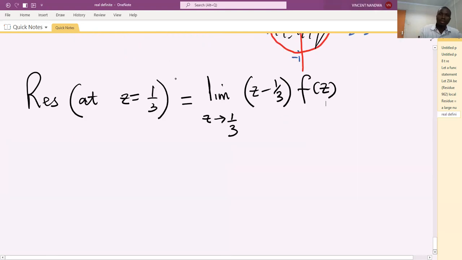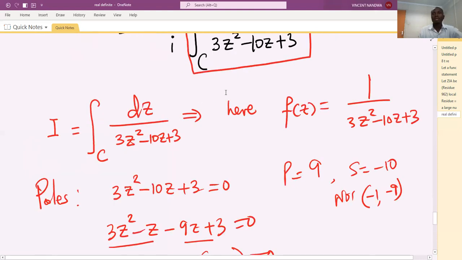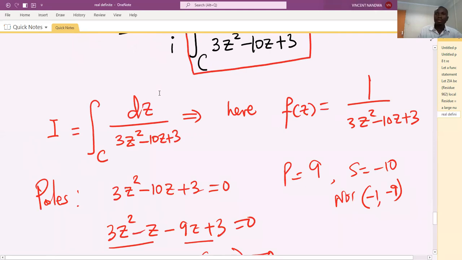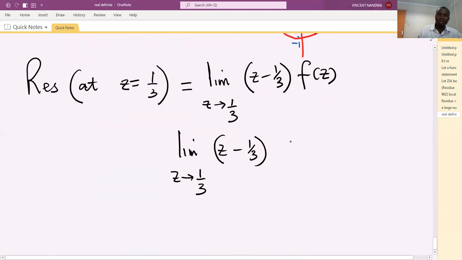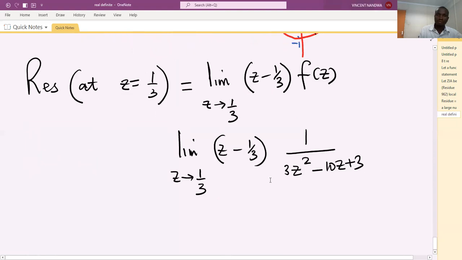So we have the limit as z approaches 1/3 of z minus a third times f of z, which is 1 over 3z squared minus 10z plus 3, which can be factored as z minus 3 times 3z minus 1.